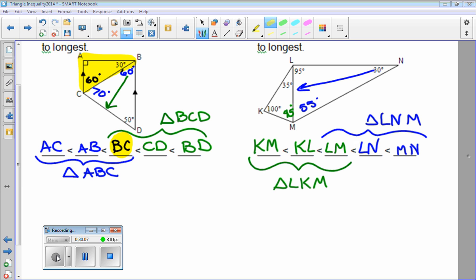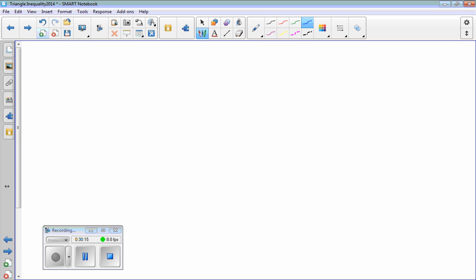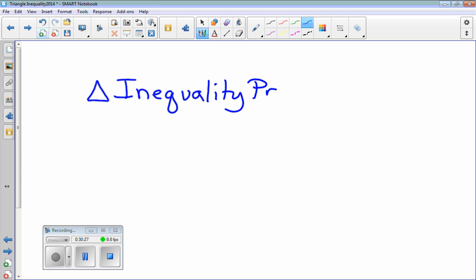But your actual homework begins when it says triangle inequality practice homework. So find that sheet, the triangle inequality practice. I believe there are 18 problems there. And so you have 18 problems.